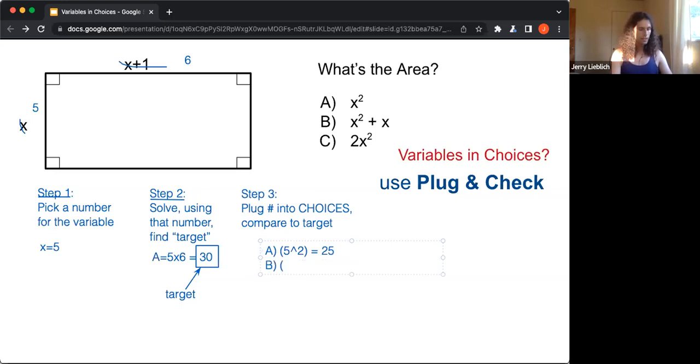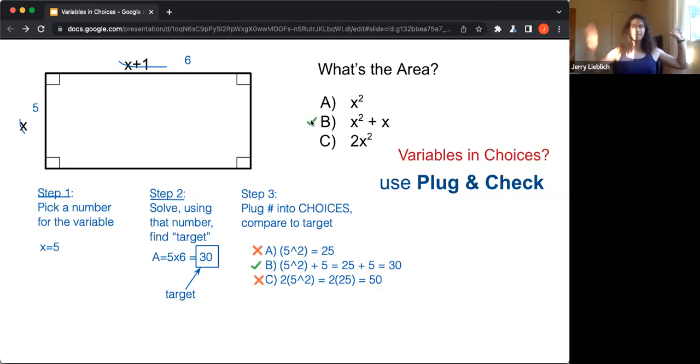Choice B, I get 5 squared plus 5, so 25 plus 5, which is 30. Oh, well, that looks good, but it's important to check all of them. I'll explain why in a second. Choice C, 2 times 5 squared. Okay, so 2 times 25, so 50. Great. So I see it's not A, it's not C, it is B, and great, I got it, I'm done.